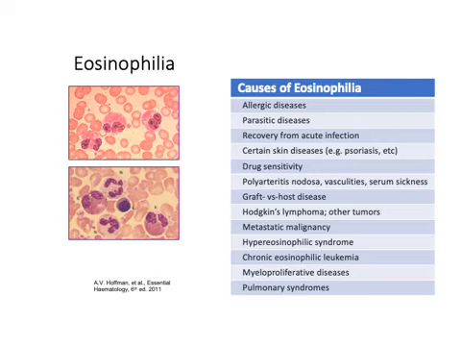In the HES, the heart valves, central nervous system, skin, and lungs may be affected. Treatment is usually first with high-dose corticosteroids and second line with cytotoxic drugs, for example, imatinib, hydroxyurea, methotrexate, or immunosuppressants.